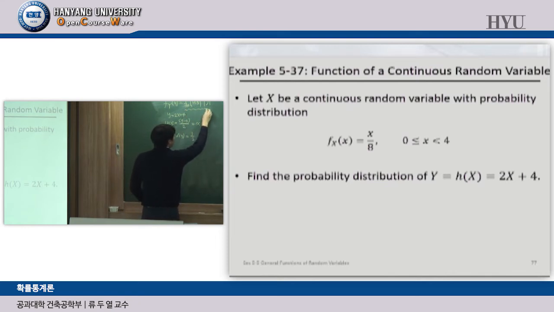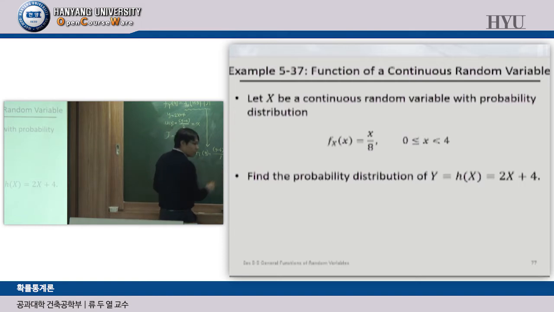This can be given by the following equation, that f(x) is equal to x over 8, right? So the x should be replaced with the inverse function of y, okay? So that is equal to (y minus 4) over 2 over 8. x is just replaced with the inverse function of y here.